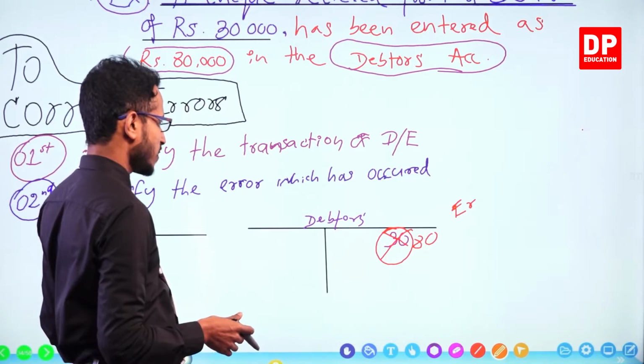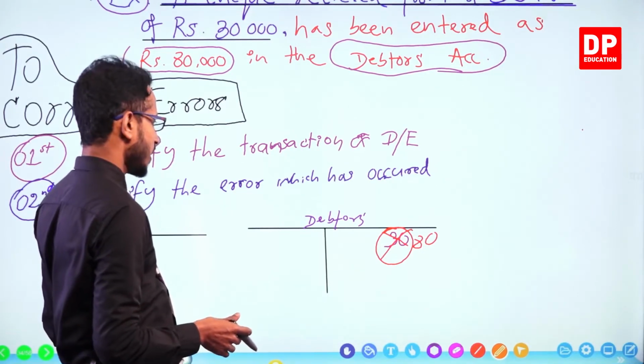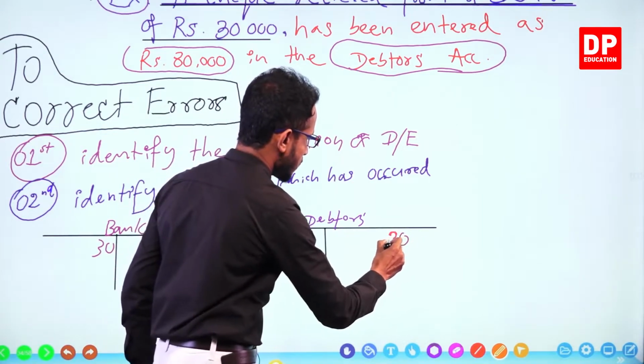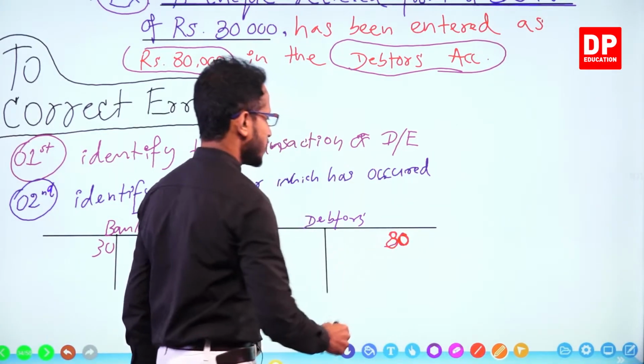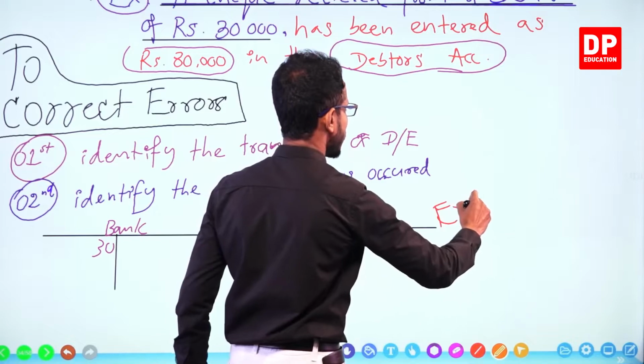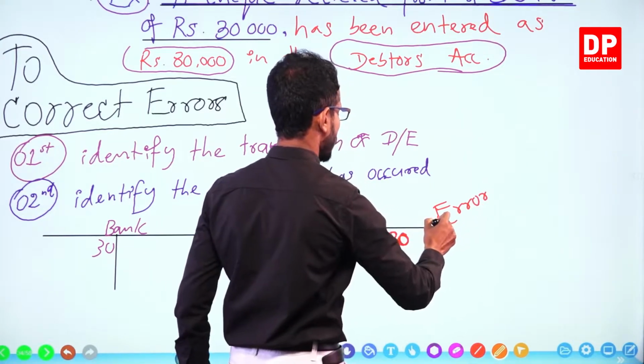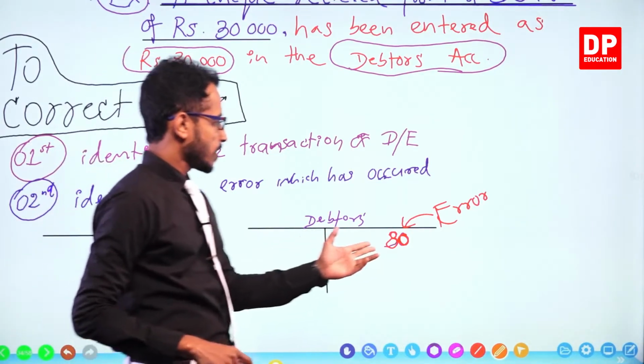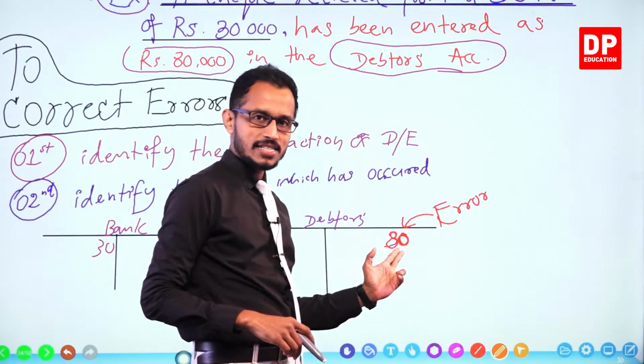Of course, if the error is in the credit side, this has been entered as 80. It should be 30, but it has been entered as 80.